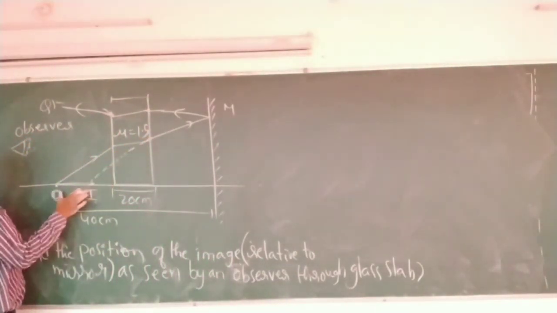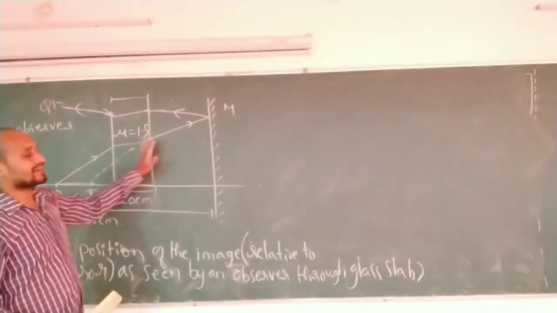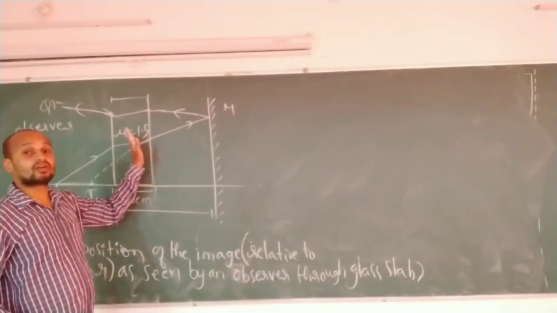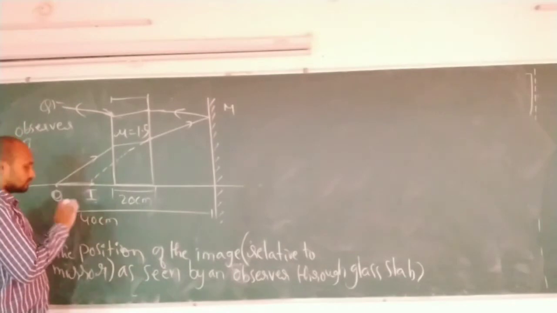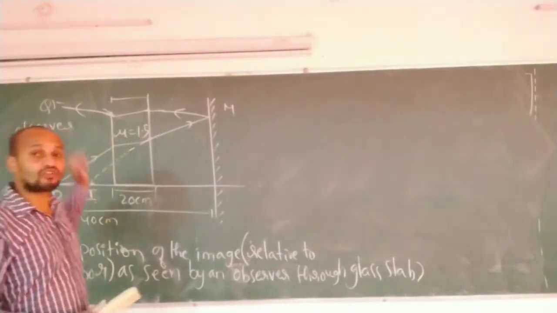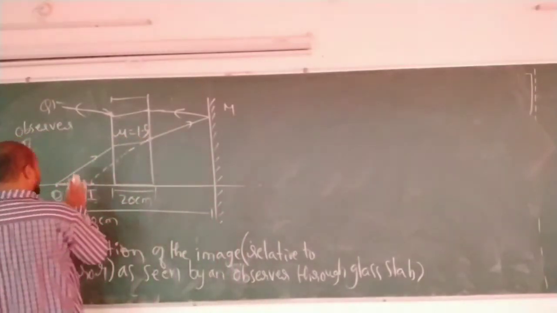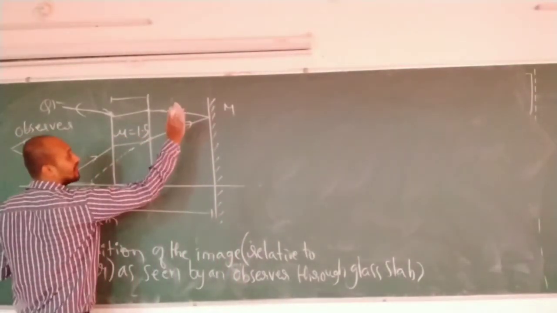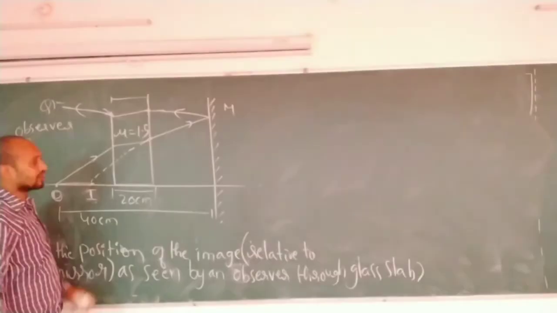This is the first shift due to the first pass through the slab. Here 2 times shift through the slab is going to take place. One, when the light goes from the object to the mirror, then the reflected ray comes from the mirror to the observer. 2 times shifting will happen.